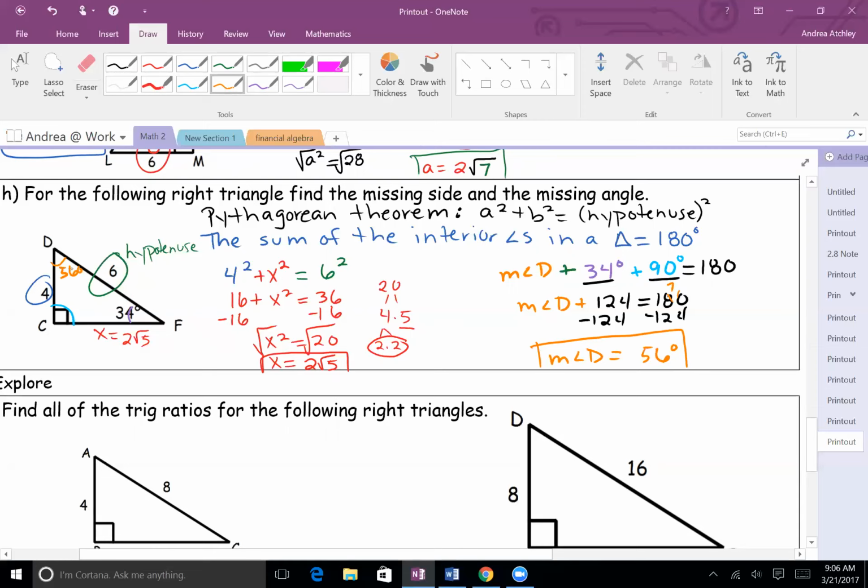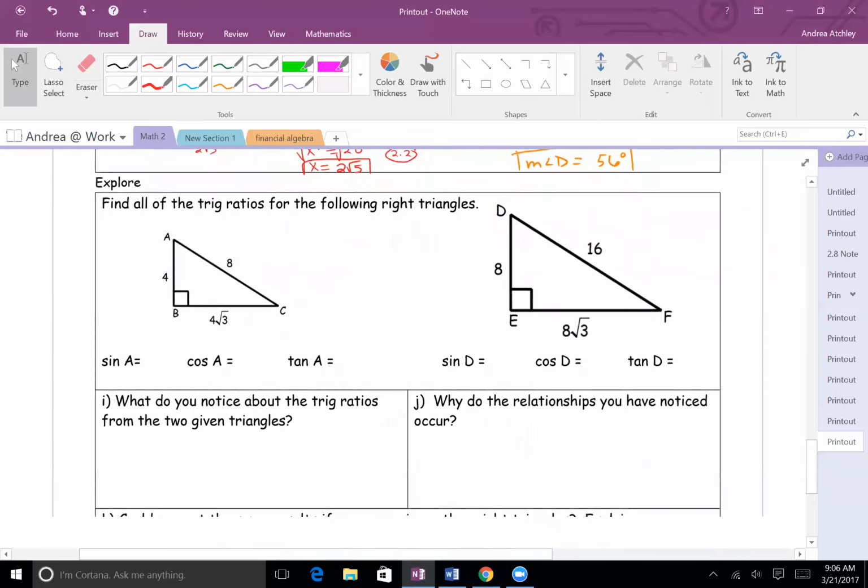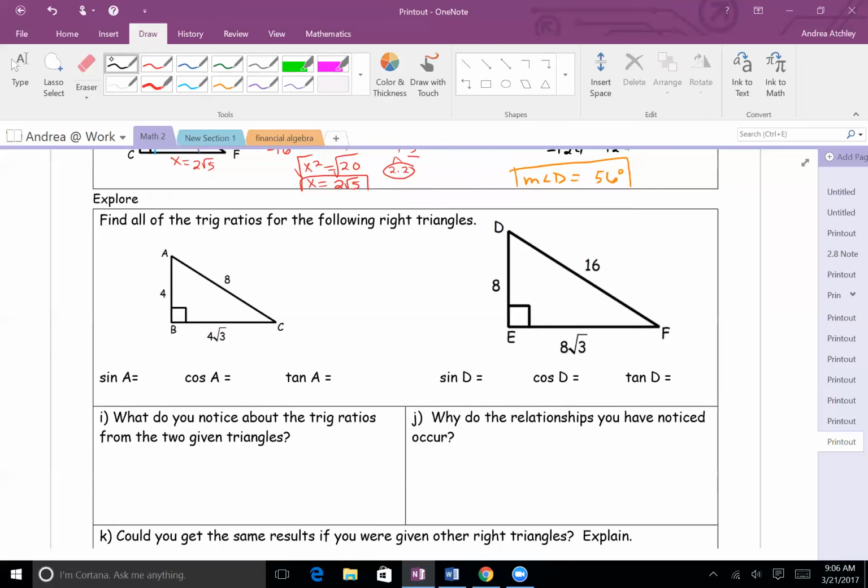Any questions over that? So your first 6 problems, I think, on your homework are like this, where you're just finding the missing sides and the missing angles. Any questions? Okay, now I want you to work on this, but before you do, I want you to write these angles in.